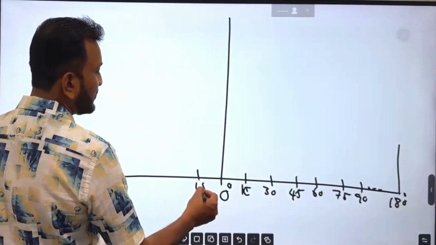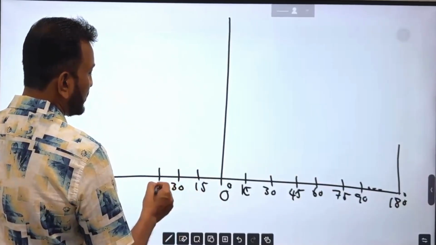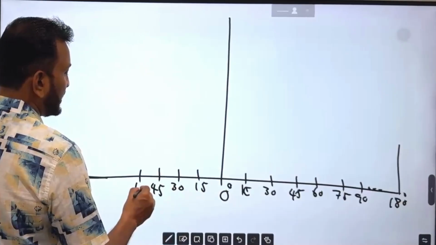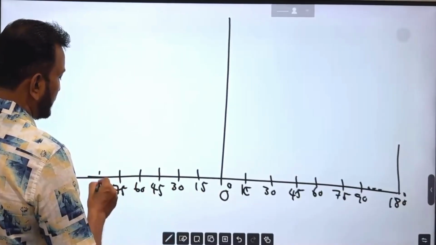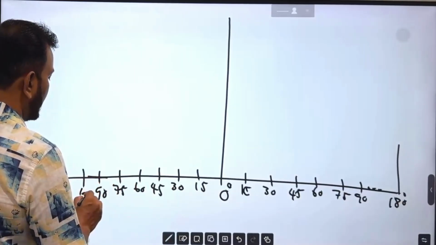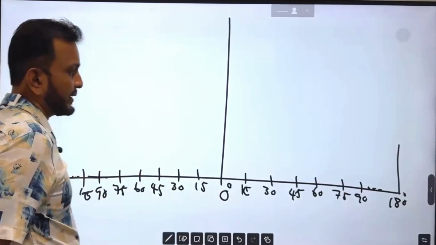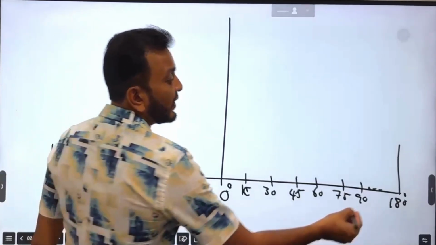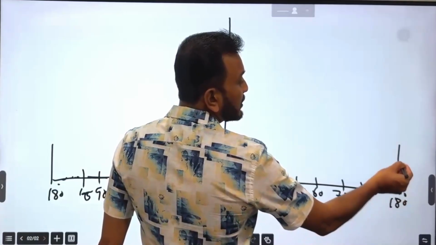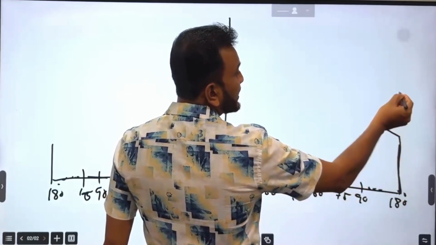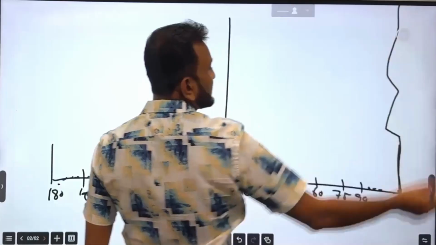On the 180 side also the same: 15, 30, 45, 60, 75, 90, 105, like that. Finally 180. Then you know the 180 longitude is not a straight line. This line is drawn like this.